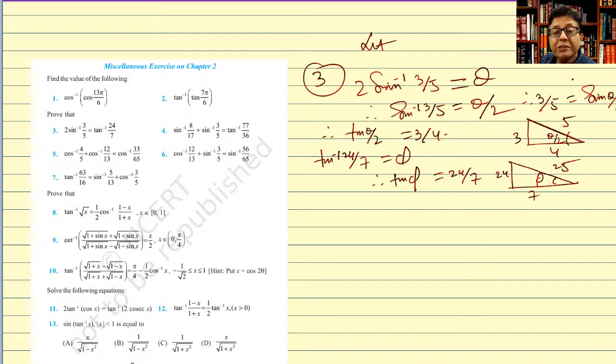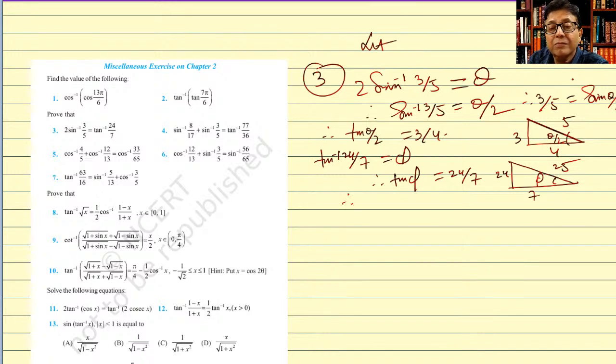The right hand side you are solving separately. Will you ever get it in terms of 2 sin inverse 3 by 5? You have to get it in terms of that only. But how to? It is coming 24 by 7, so sin phi is what? You have to show that on the right hand side phi is equal to theta. You have to prove that. Phi is equal to theta.